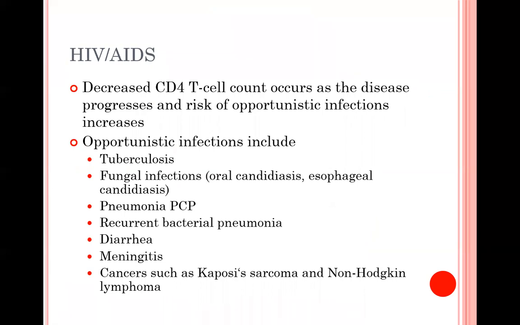The person is going to get sicker, their immune system is going to get weaker, and then these opportunistic infections, which include all of these: tuberculosis, fungal infections such as oral candidiasis, pneumonia, recurrent bacterial pneumonia, diarrhea, meningitis, and cancers such as Kaposi's sarcoma and non-Hodgkin's lymphoma. All of these are just opportunistic infections waiting for somebody's resistance to diminish so that they can come in and wreak havoc.